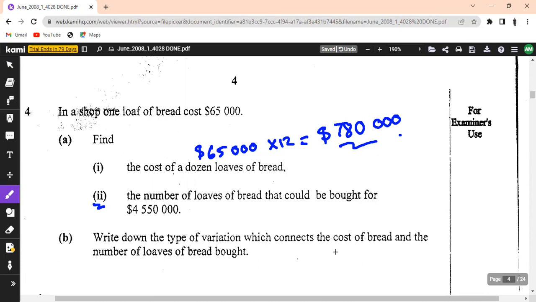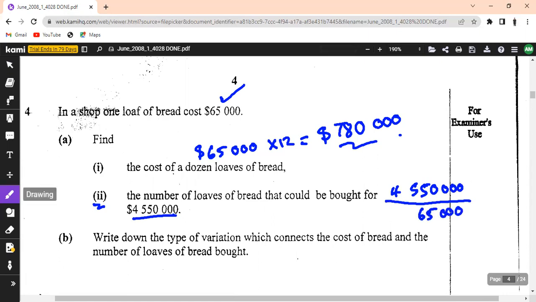On item 2, the number of loaves of bread that could be bought for 4,550,000. How many are you going to buy? If one costs 65,000, you just divide. So it's 4,550,000 divided by 65,000. So how many are we going to have at the end?